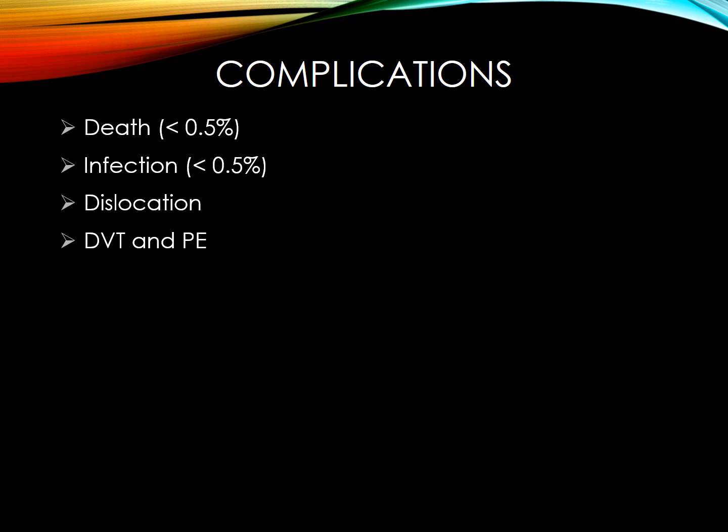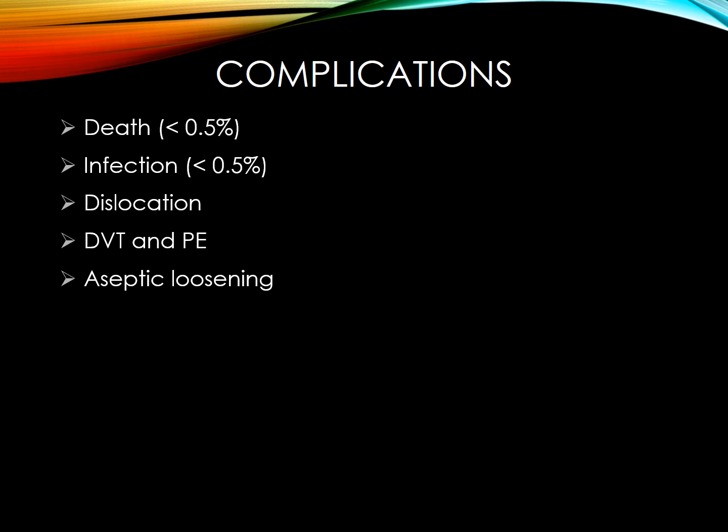One of the complications too is obviously aseptic loosening. The hip replacements don't last forever. I would like to think that most of them will last 15 to 20 years, but eventually they will loosen, and then they will become painful, and then you are faced with a revision procedure. There are other rarer complications.